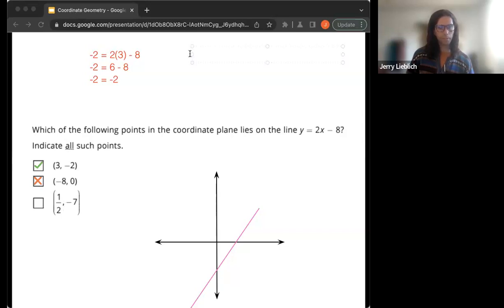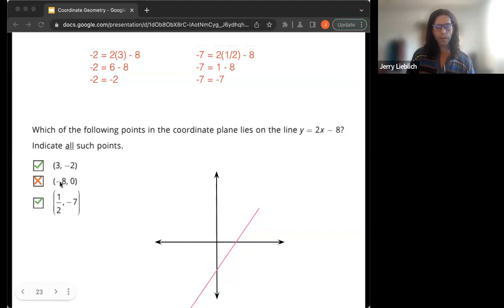Let's try the other one. That also works. So C is also going to be correct.